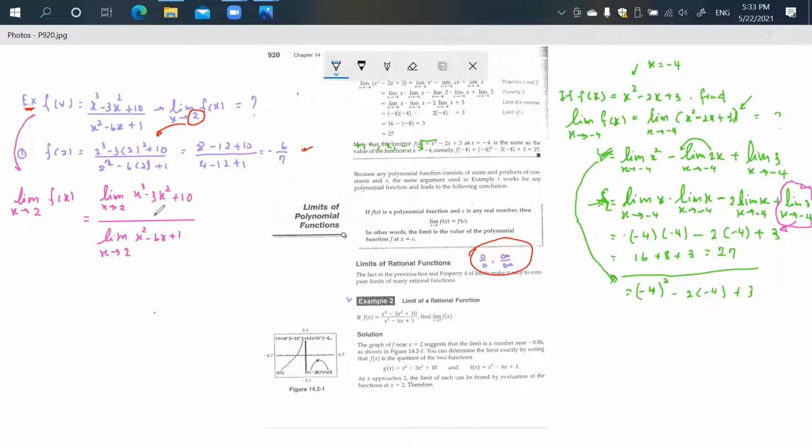Okay, so actually before this line, you can write it down like this: take the limit on both sides, x approaches 2 here, of x cubed minus 3x squared plus 10 over x squared minus 6x plus 1. You can write this one also.